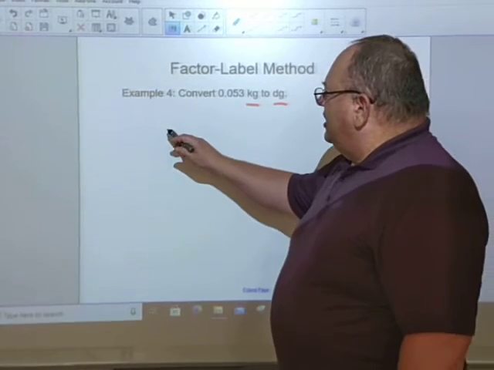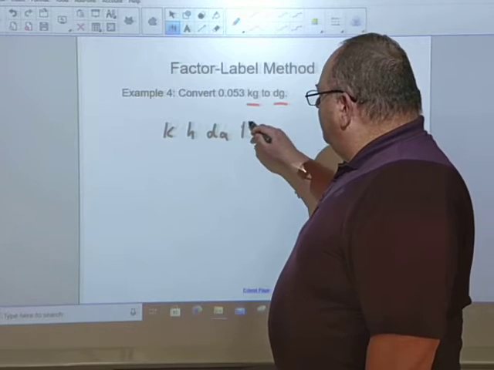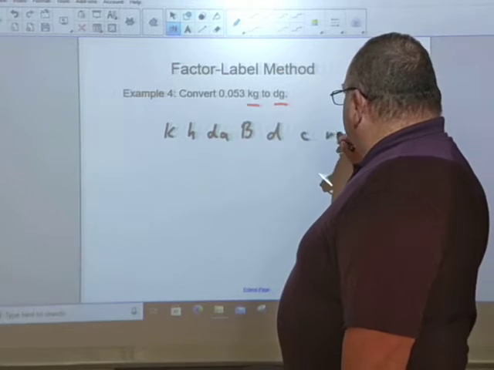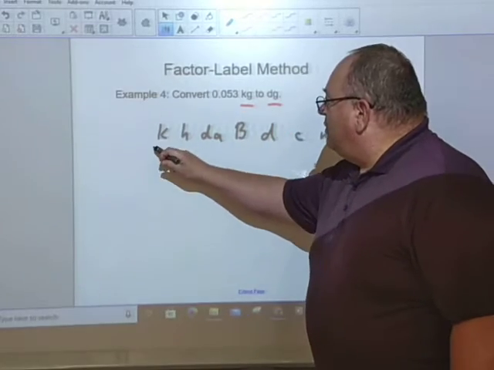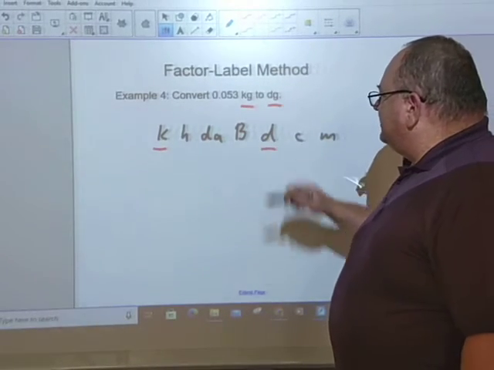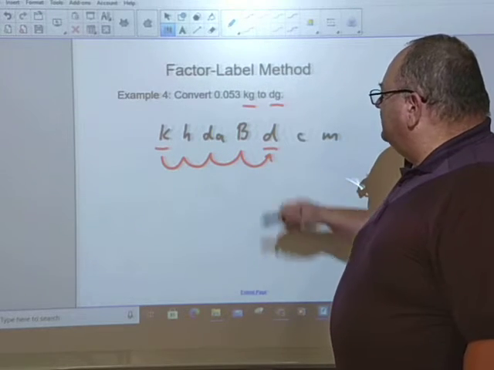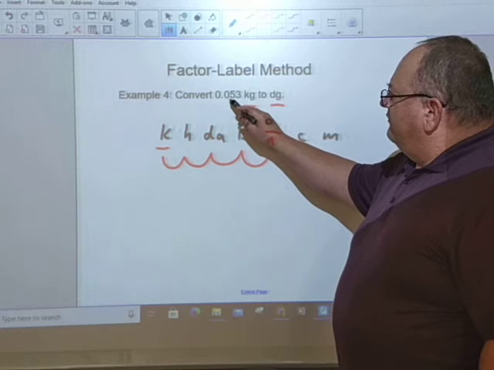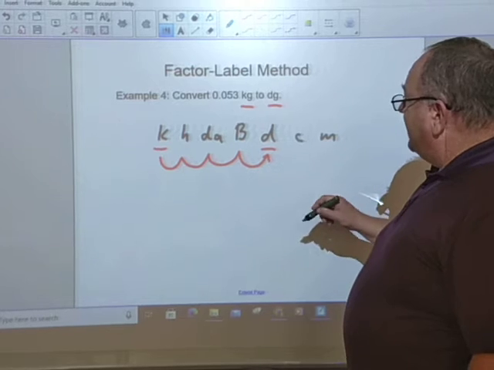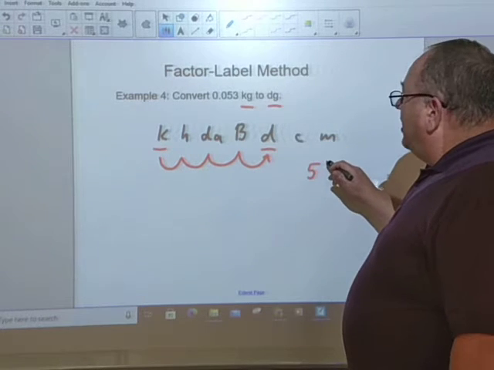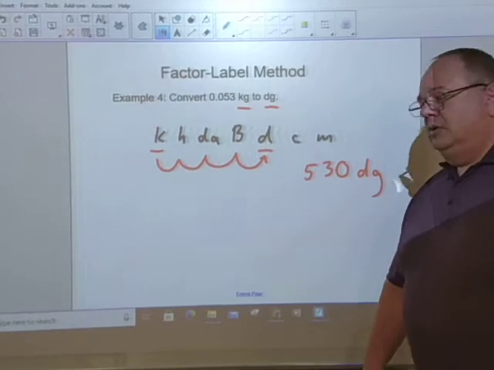So what I might do is think about my little chart: kilo, hecto, deca, base, deci, centi, mil. We're starting with kilo. We're trying to get to deci. So I've got to go 1, 2, 3, 4 columns over. I'm going to take my decimal point and move it 1, 2, 3, 4. I'm going to need a 0 to hold that spot. And so I find out that I've got 530 decigrams. Okay?